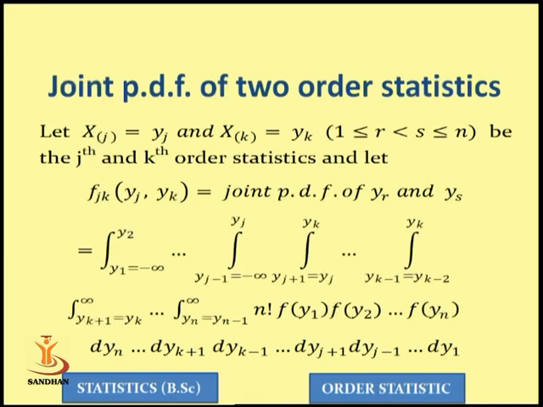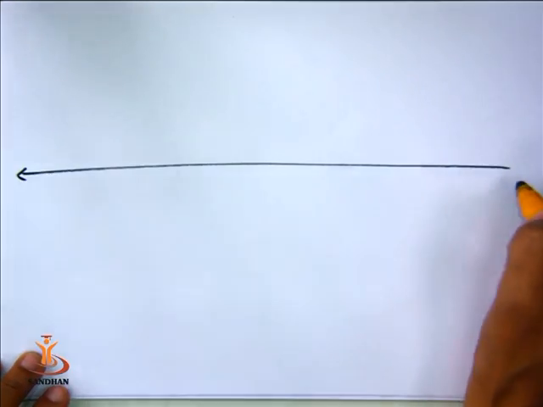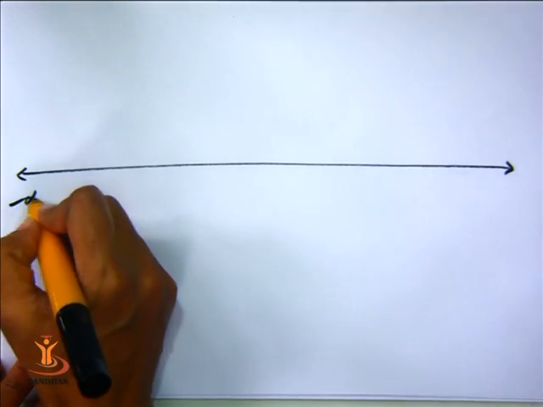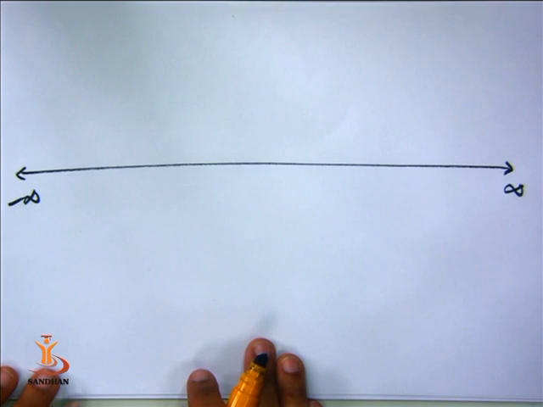Now one more thing you can see here, when we are integrating, is the range of integration which we are taking. In general we assume that our random variables are real valued. So I may have a real line on which any random variable is lying.